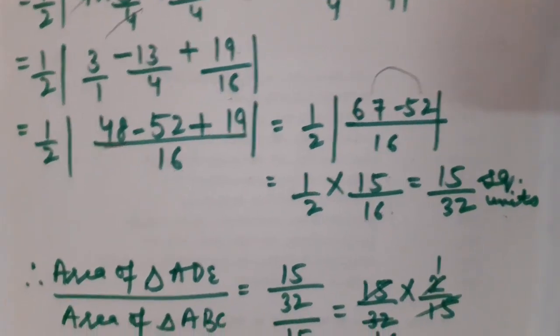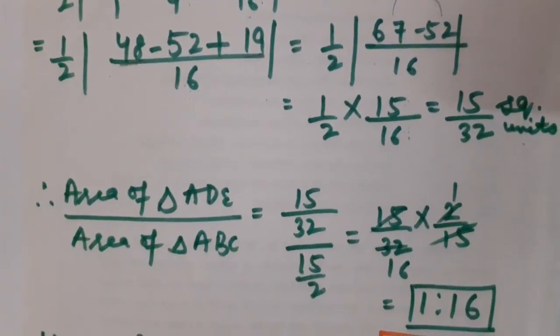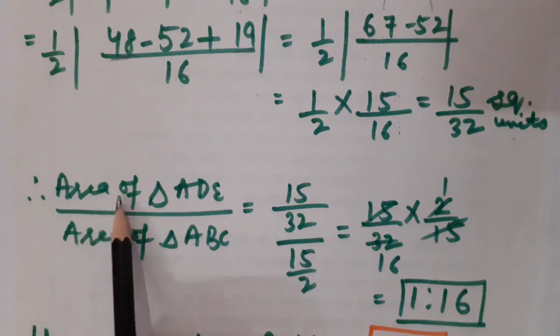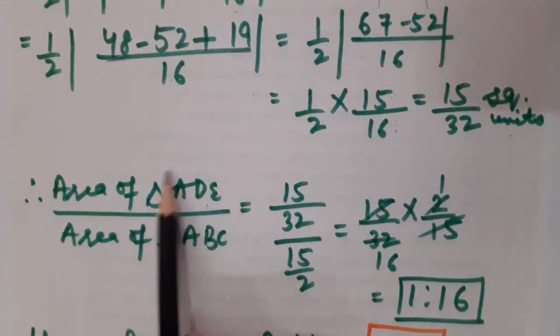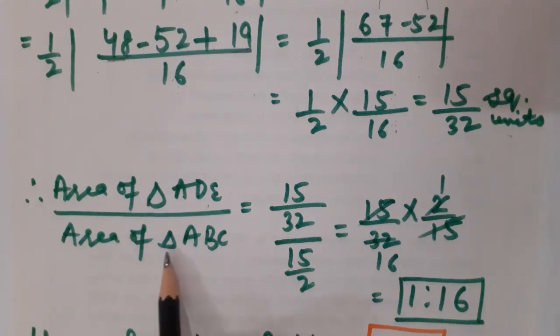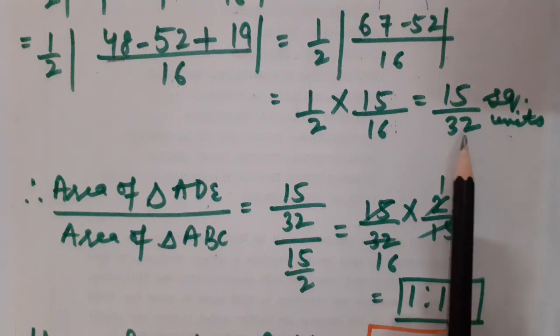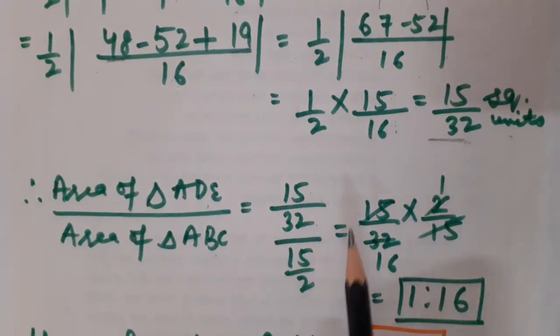Fine. Now children, ultimately we have to find out the ratio. Ratio of triangle ADE, which was the shorter triangle, occupying less area, divided by area of triangle ABC, the bigger one which was given in the question. So we have just calculated area of the shorter one, that is 15 upon 32, and it will be divided by 15 upon 2.